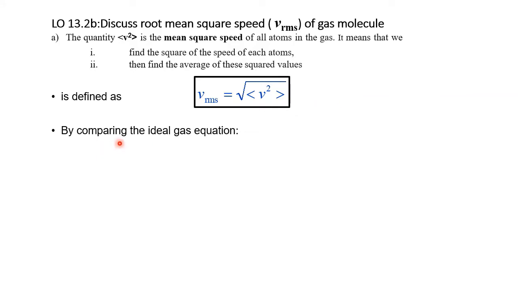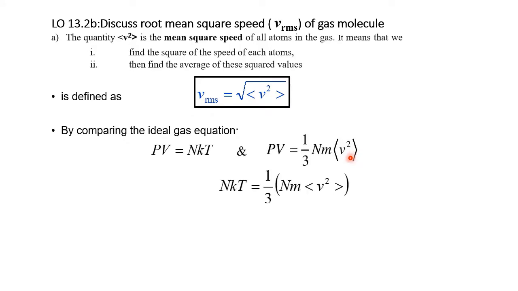So by comparing the ideal gas equation, PV equals NkT and PV equals 1 over 3 N m mean squared v, then equating these two equations, we get NkT equals 1 over 3 N m mean squared v. So mean squared v equals 3kT over m, where m is mass, T is temperature, k is Boltzmann constant.